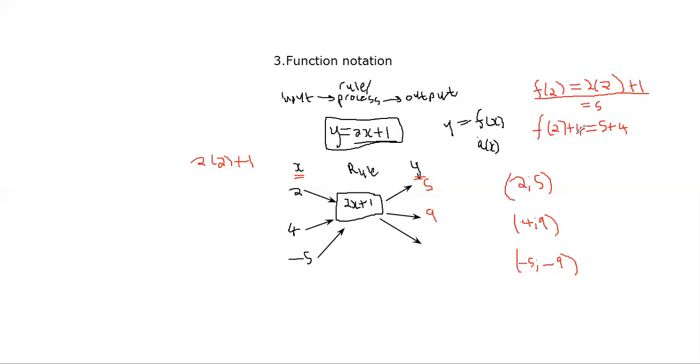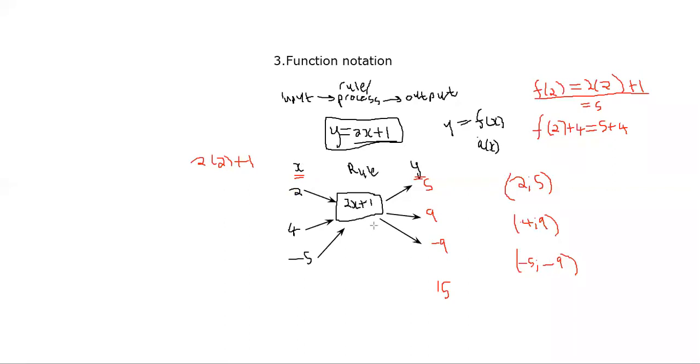So that is it. But it's not always the case that we'll be going from the input to the output. We got negative 9. Then let's assume they tell you the output is maybe 15.